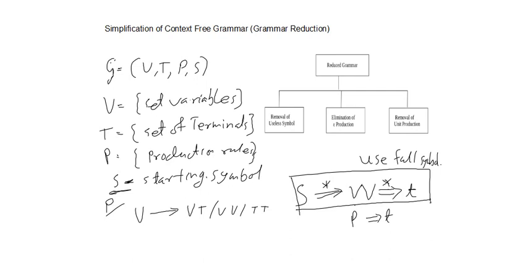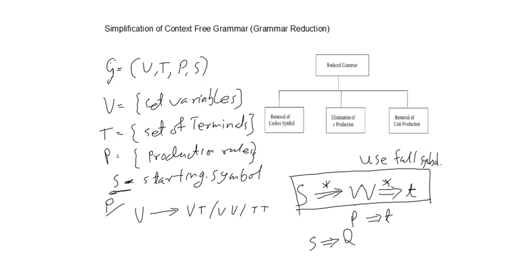Or another way, you may have a variable, suppose it is Q, and it is derived from the starting symbol but it does not have any terminal production. Meaning you may derive Q from the starting symbol, and no further production from Q is there.